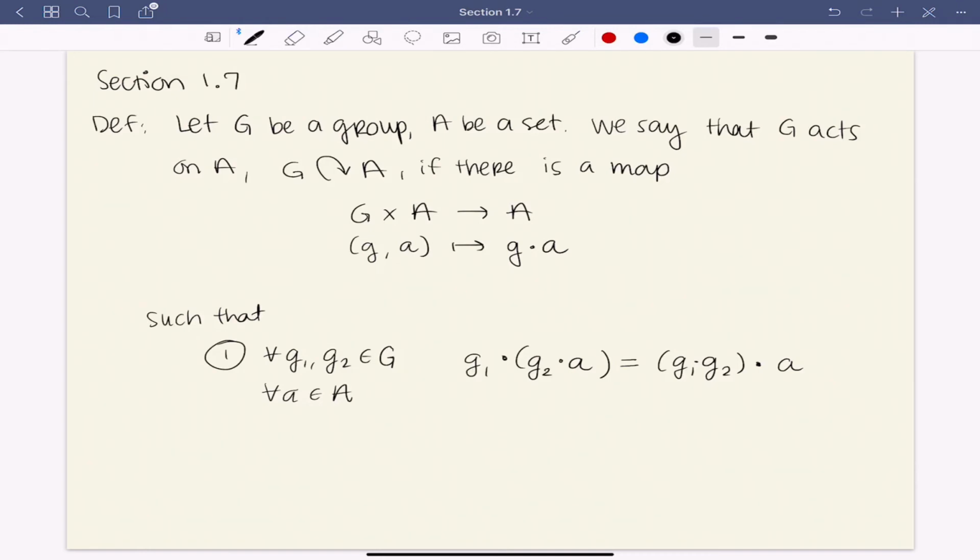So this looks like the associative property of multiplication in the group, but it's not, right?